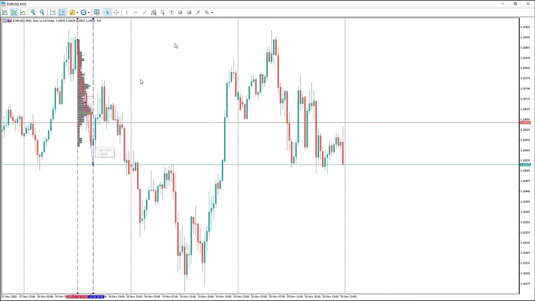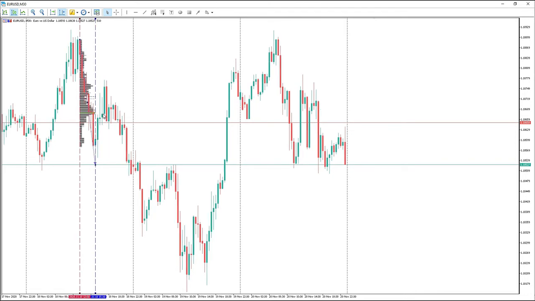So the rule says that the first 3 candles we won't trade. 1, 2, 3, right? So I'll put another horizontal line there. From this we're analyzing this region, and up to this line we're not trading.